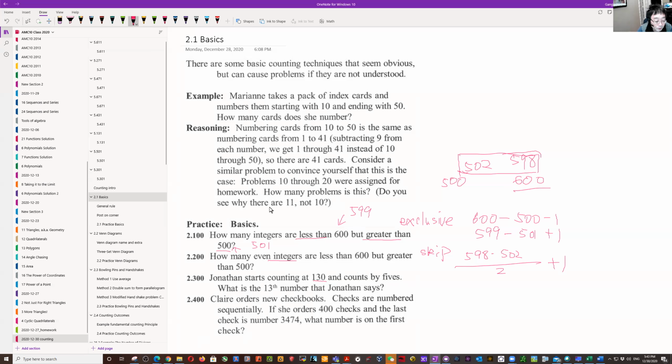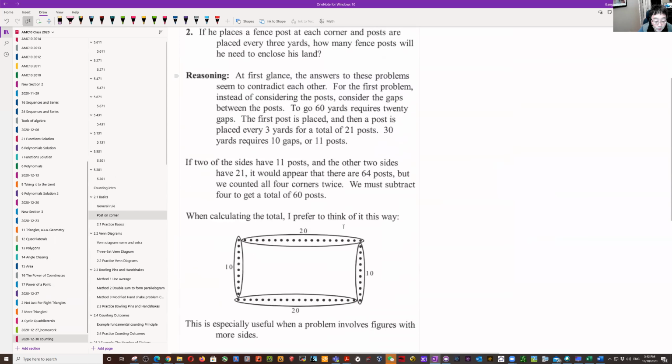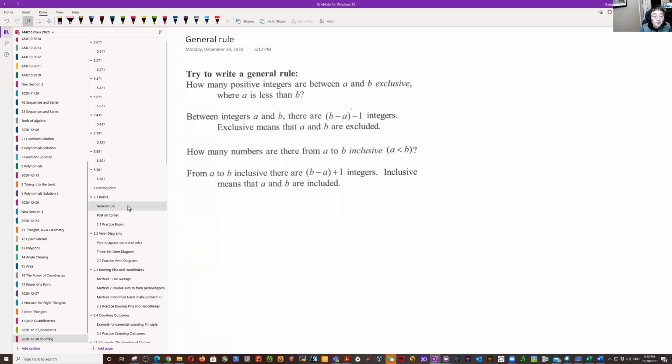Okay, so I will just get on to more of the problems. So when you do exclusive counting, you actually have to minus 1.